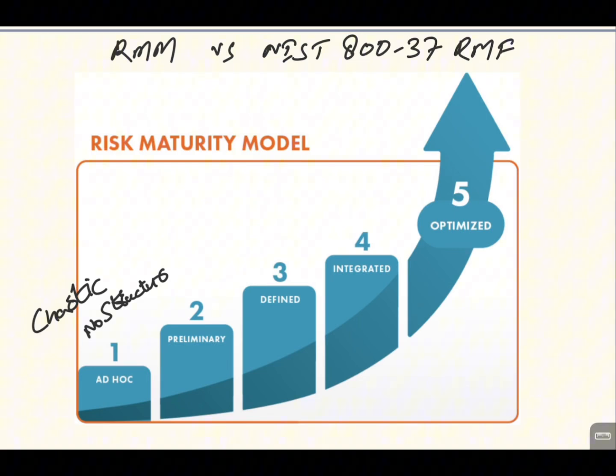Now the second stage is preliminary. Preliminary is basic. Some processes exist, so RMF is partially implemented, but security controls are inconsistent, policies are weak, and risk assessments are informal.